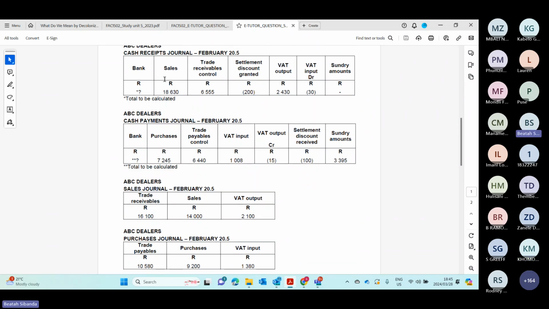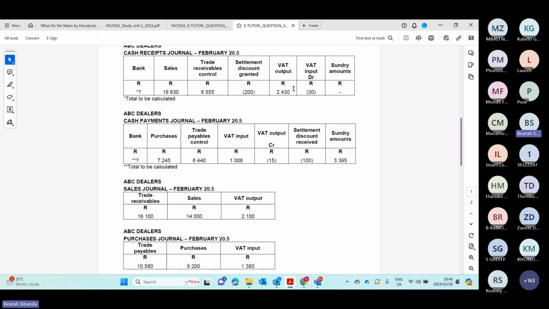So in the cash receipts journal, every other thing that is not in brackets is coming in. So what is in brackets is going out. So this 200, the settlement discount granted, we are not going to receive it, so we need to take it out. That is why it's in brackets, because it's reducing the cash that we are going to receive.